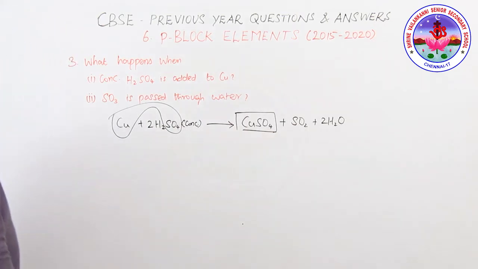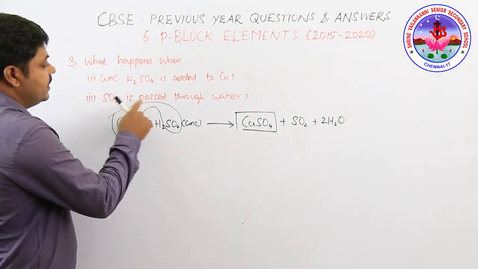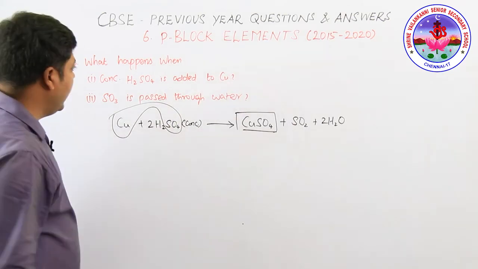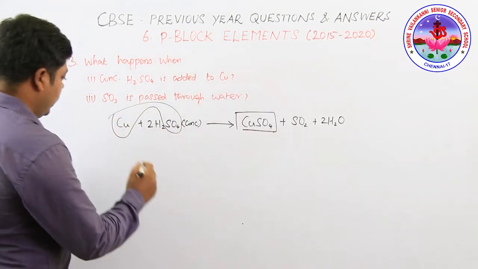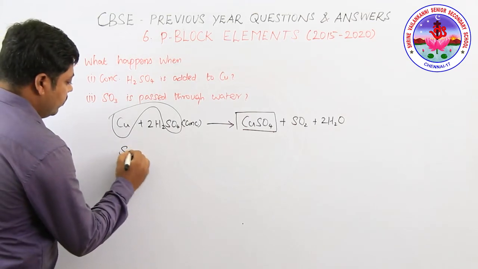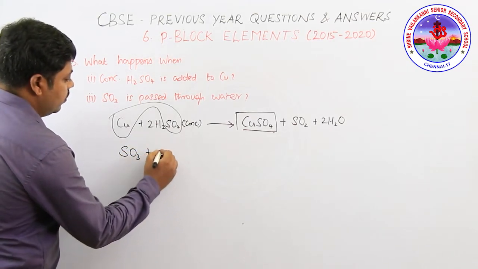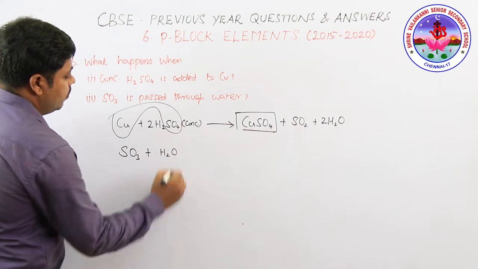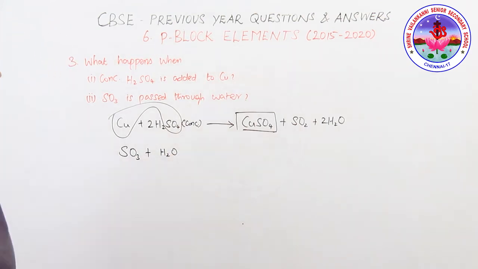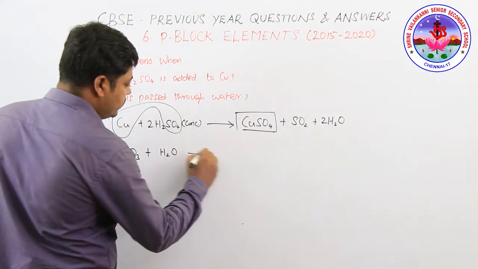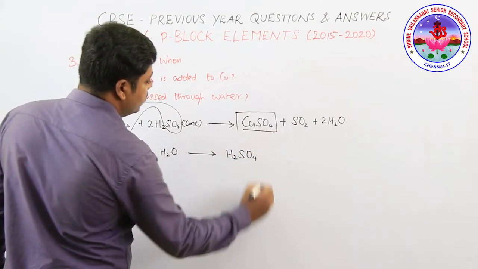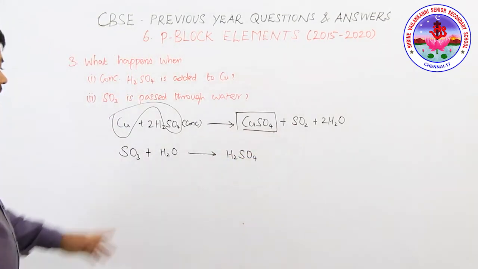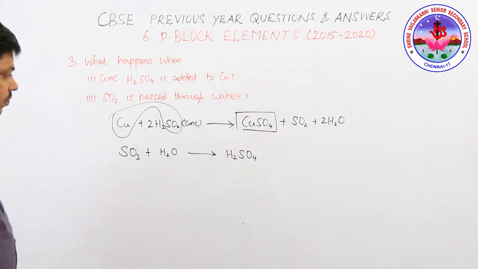Then the second question. What happens when sulfur trioxide is passed through water? The sulfur trioxide, passed through water, undergoes a hydrolysis process and produces sulfuric acid, H2SO4.